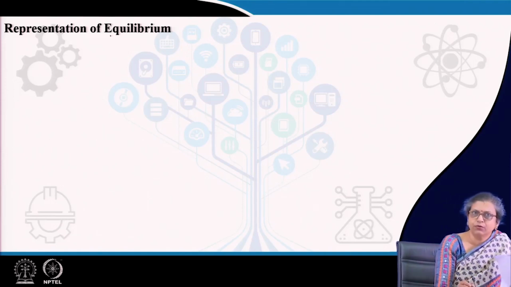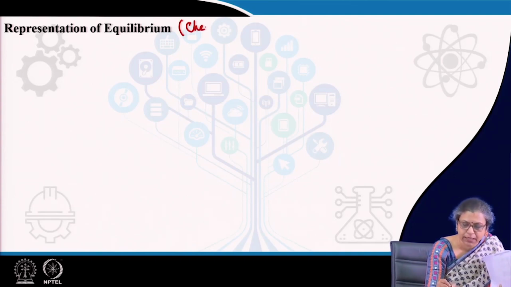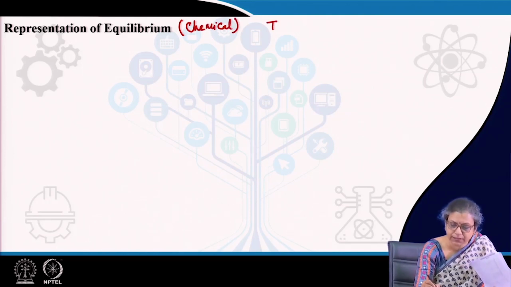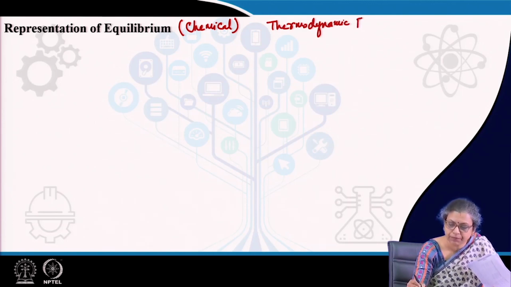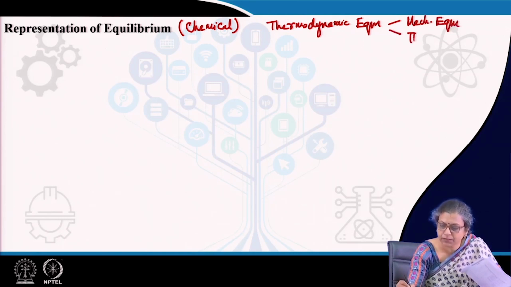Whenever we represent equilibrium, let me be very specific, we are talking about chemical equilibrium. I will just mention, and this is not a part of this particular course, nevertheless, that thermodynamic equilibrium is satisfied when we have a combination of mechanical equilibrium, thermal equilibrium and chemical equilibrium.